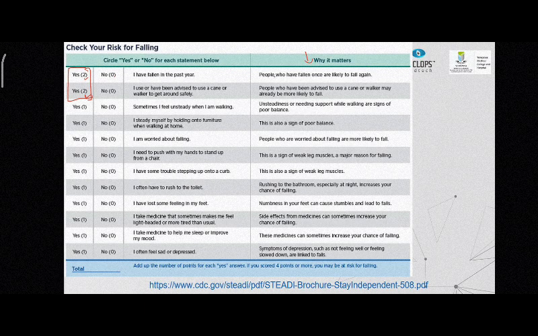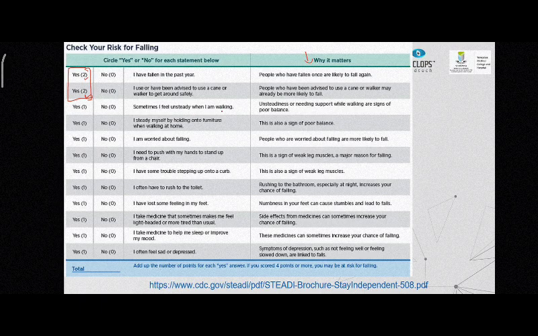Because patients who have fallen once are more likely to fall again. Coming to the next question, are they using any cane or walker? The reason is that patients who are using, or who are advised to use, a cane or walker are more likely to fall. Again, the score is 2. So these two questions have the highest score.